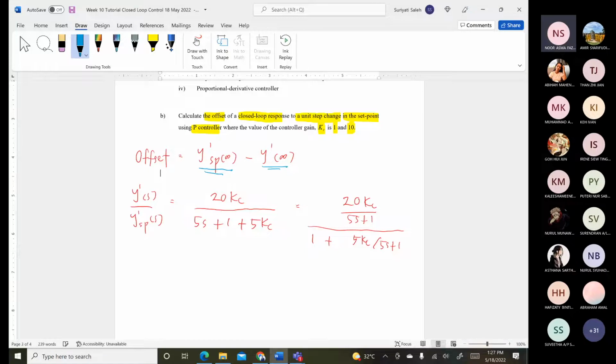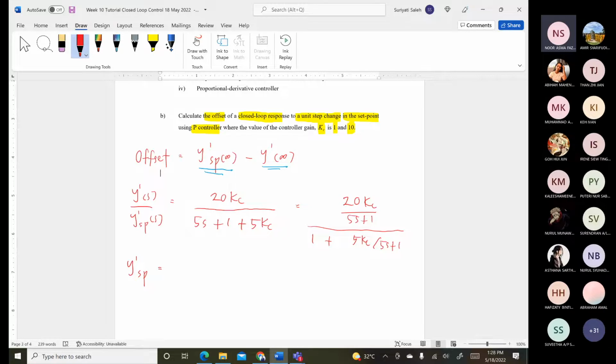So how to get the value for both? So firstly, we go for the y prime sp infinity. So in this case, y prime sp infinity is based on the step change for the set point.